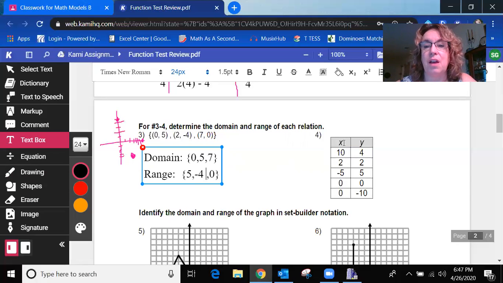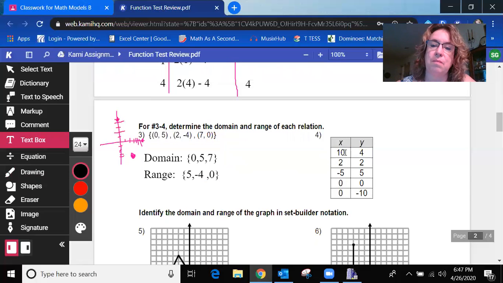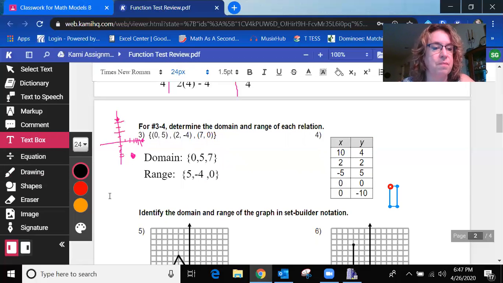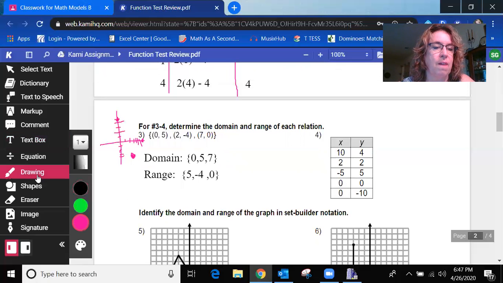It's domain and range. This is going to look the same. I'm not going to write it all out. That's your domain. That's your range. It's going to look like this with a set of numbers.